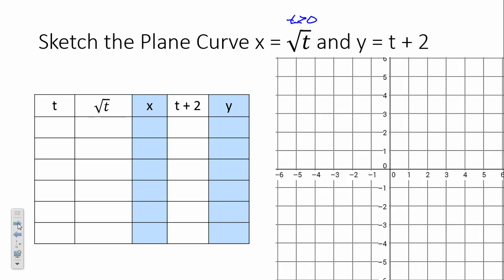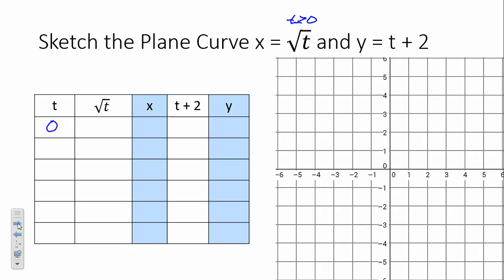Okay. Do we have any restrictions on the domain of the second equation? Are we taking square roots or dividing by anything? Nope. So we're good with that one, all real numbers. So we're going to only pick numbers bigger than or equal to 0 when we're plugging in our values for t. Now let's be sensible and use some good strategies here when we pick our numbers. 0 makes sense, right?